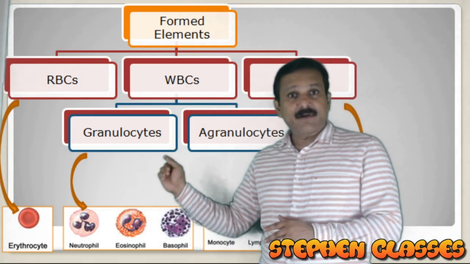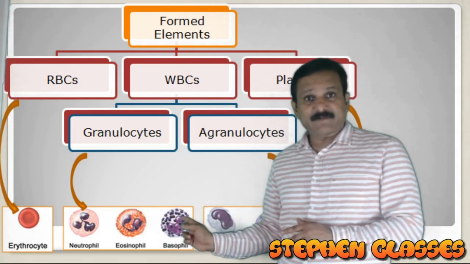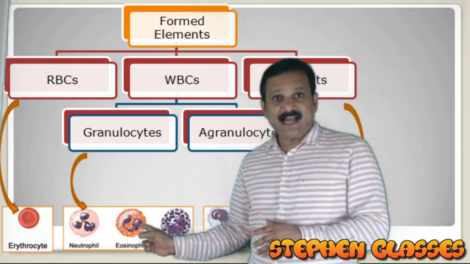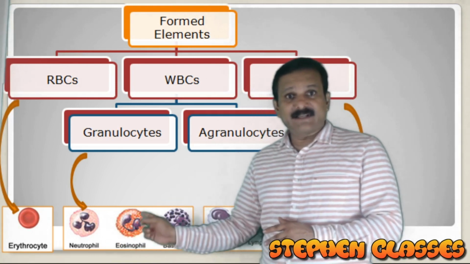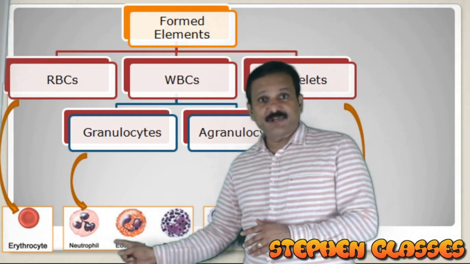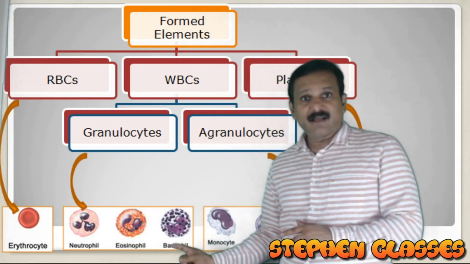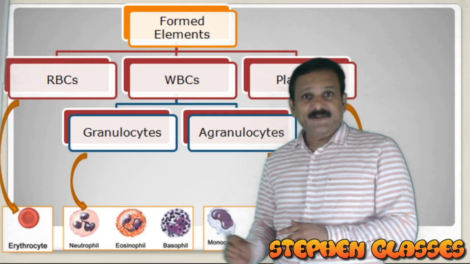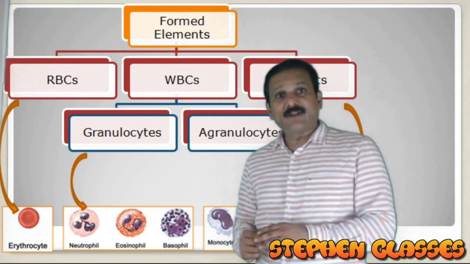Granulocytes have granules in their cytoplasm. You can see it very clearly that granulated cytoplasm is applicable for granulocytes. Examples are neutrophil, eosinophil and basophil.